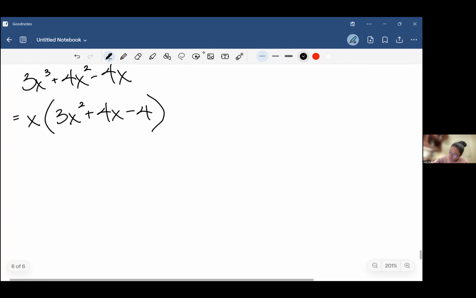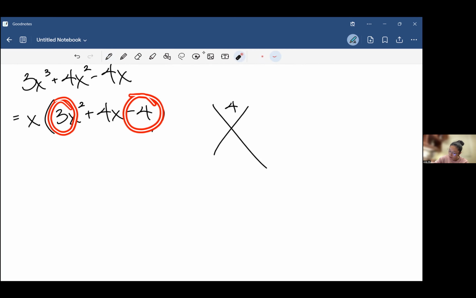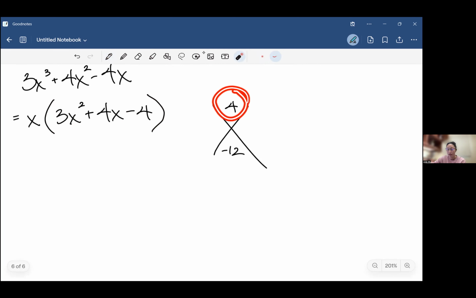All right, so factoring by grouping, I'm going to take the 4 and put it up top, and then 3 times -4 goes on the bottom as -12. Now I want to find two numbers that add to make 4, but multiply to make -12.